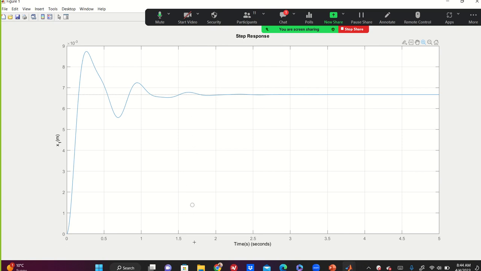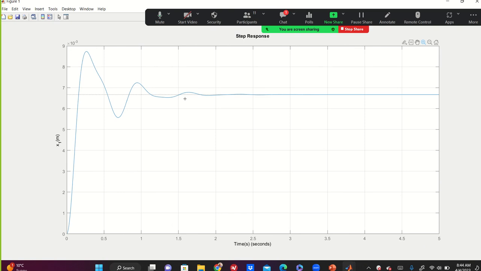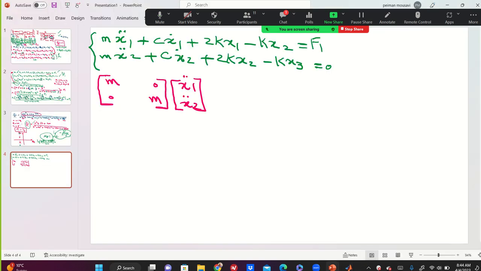This is settling time, 1.6 seconds or so. But the overshoot is here, the main overshoot. And when it comes to the vibration class, the next one that is being decreased, we name as the logarithmic decrement. But the overshoot is here.